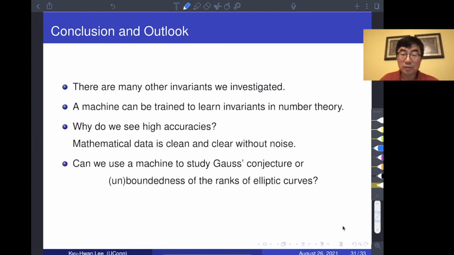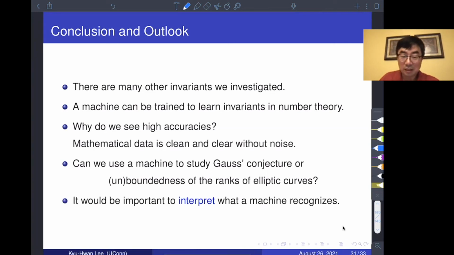Then can we use a machine to study Gauss's conjecture or unboundedness of ranks of elliptic curves? I don't know yet, but it would be very important to interpret what a machine recognizes. Clearly, we have to understand what a machine recognizes. Then we may go back to these problems or other problems and develop a new approach to them.